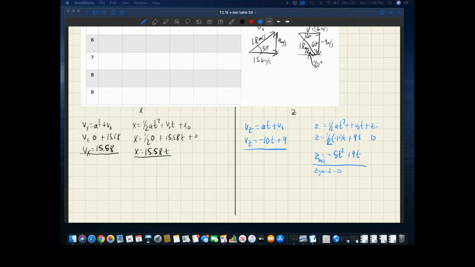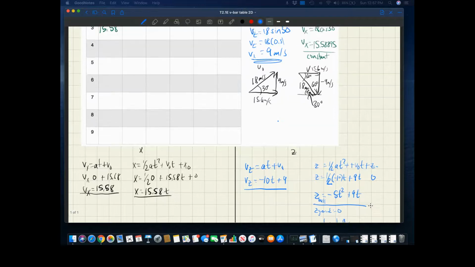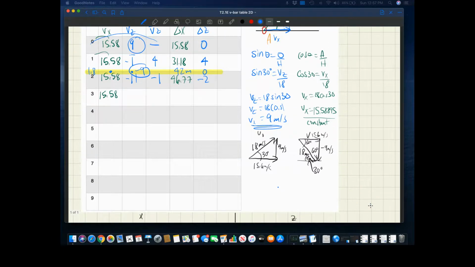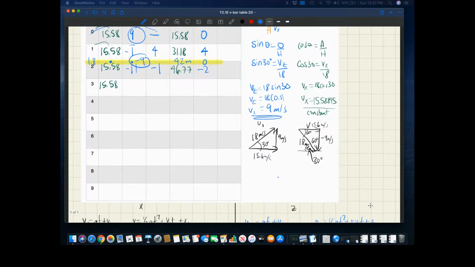And when it gets back to 0, we get exactly 1.8 seconds. T equals 1.8 seconds. And if we just quickly go back to our table, does that agree? Oh, it's exactly what we estimated, given those numbers.